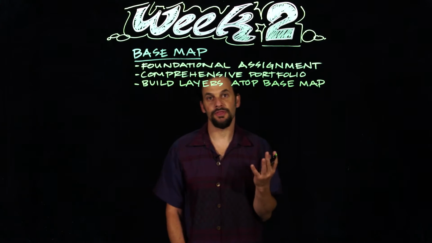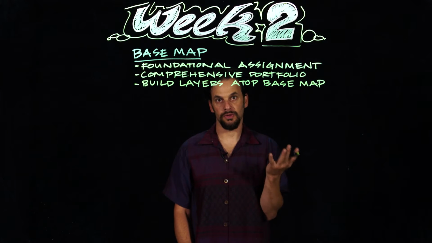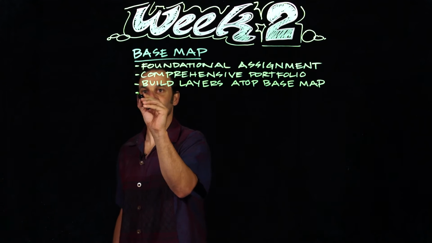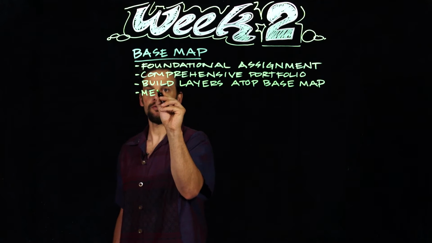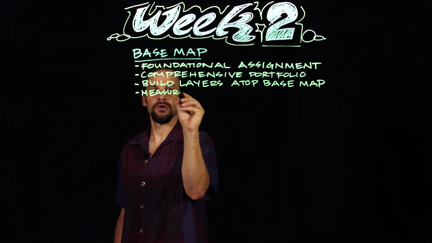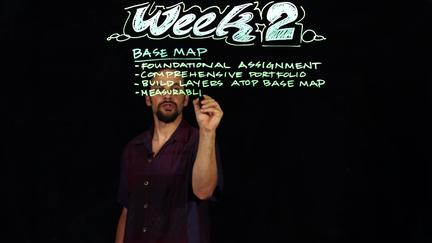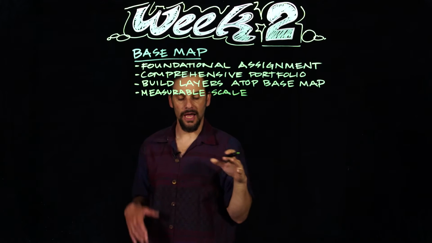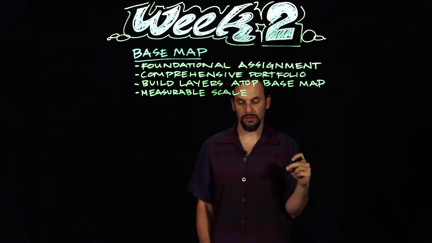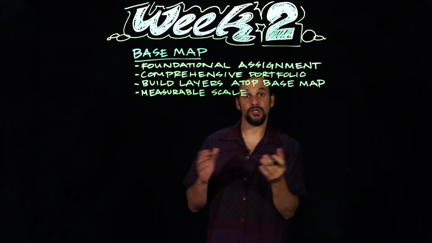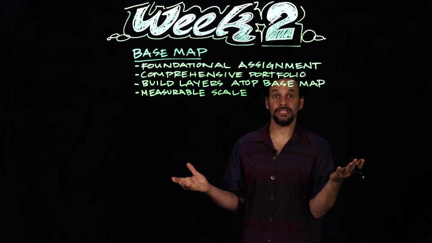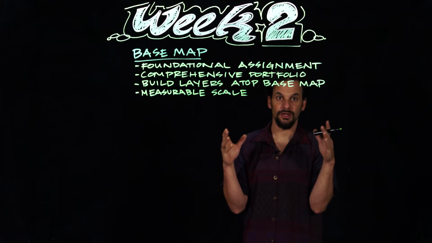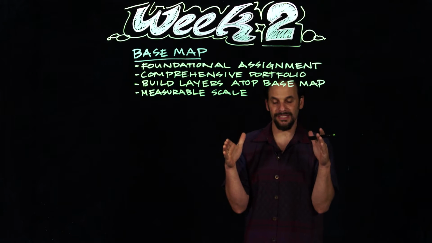So some of the things that are going to help you with that is to choose a measurable scale, right? To create your map. So if you're doing hand drawing, you can easily put a ruler down on top of your map and you can measure. If you're doing computer, a lot of you actually will end up taking your base map right off of Google Earth or Google Maps, taking a satellite image and getting that image properly scaled.